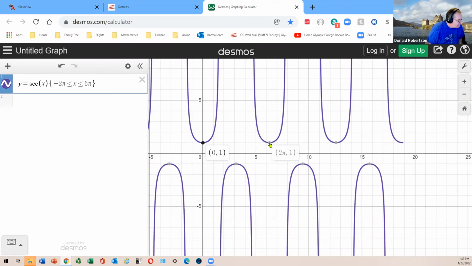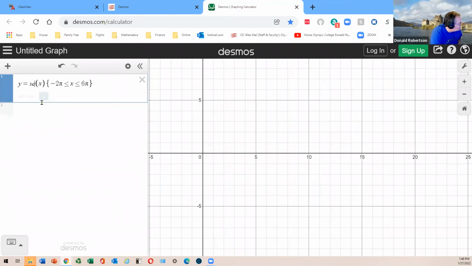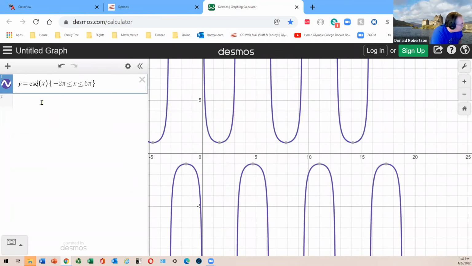Would you agree that it gets to there before it repeats itself? Can you see that the period is 2 pi? And if you do cosecant, if I start here, which is a half pi, and finish here, which is 5/2 pi, would you agree that that is also 2 pi?